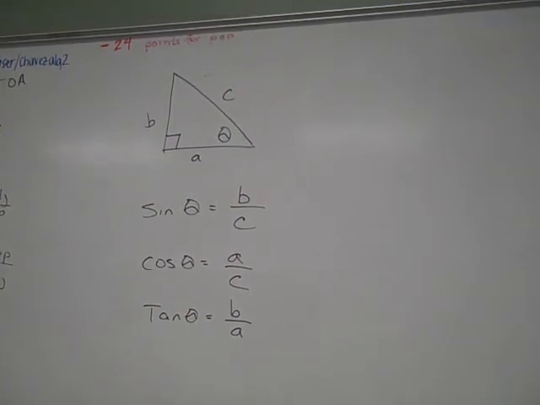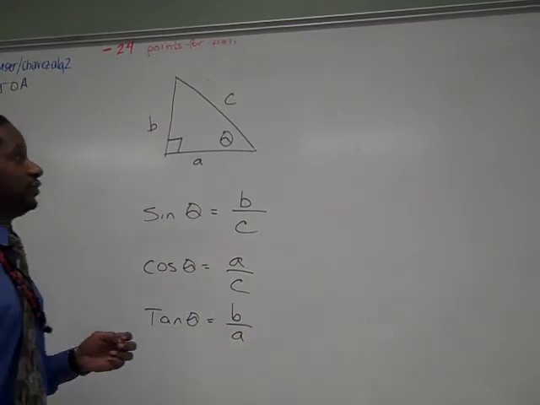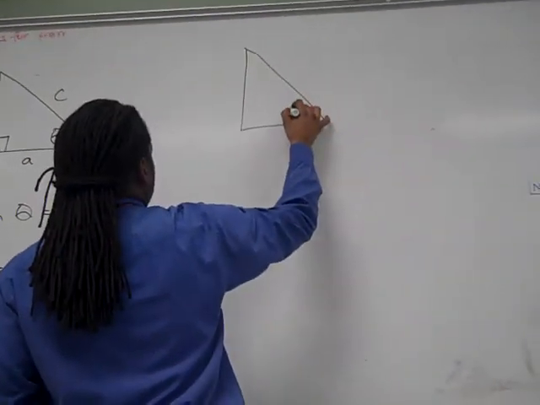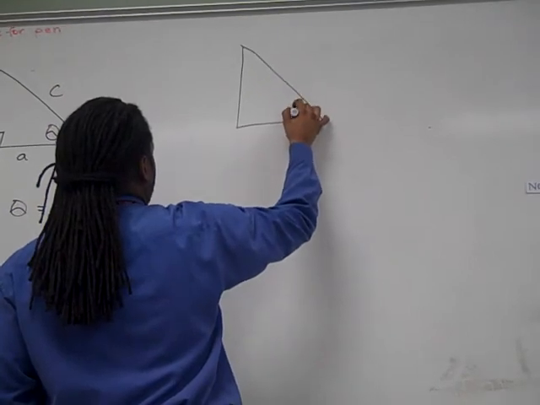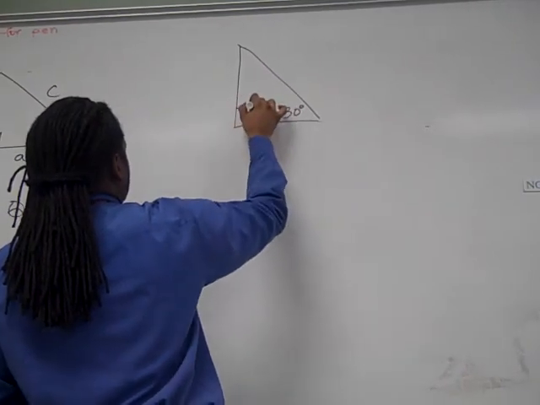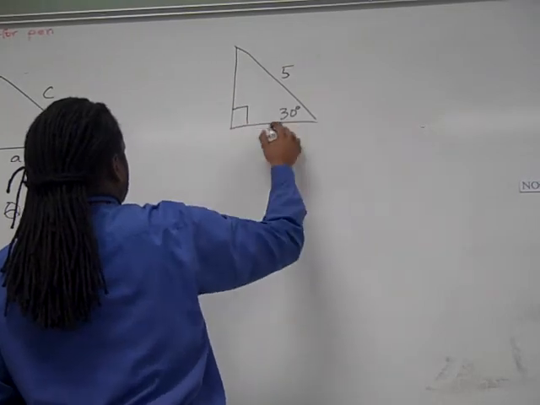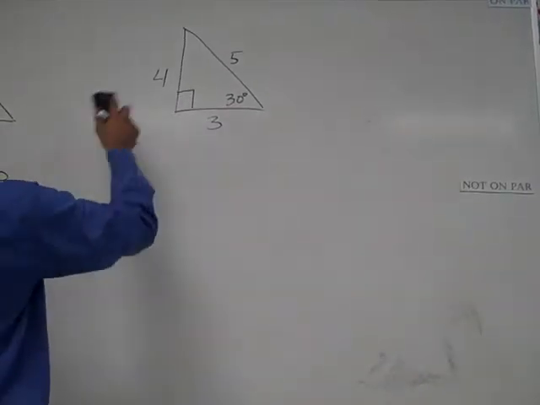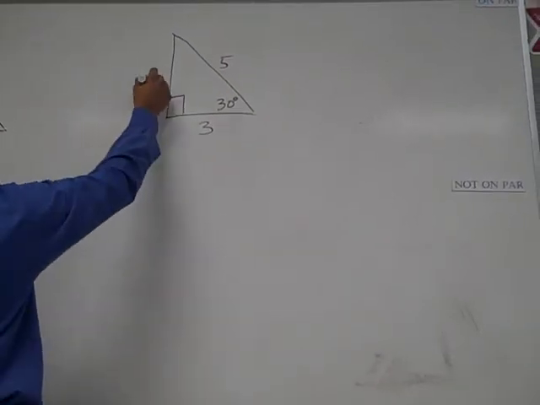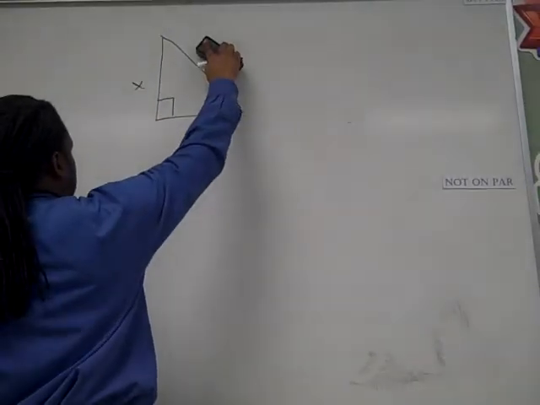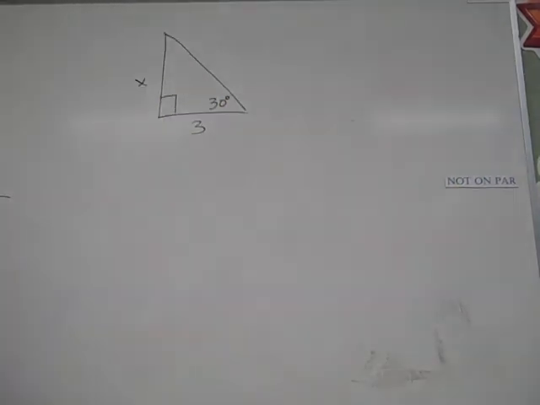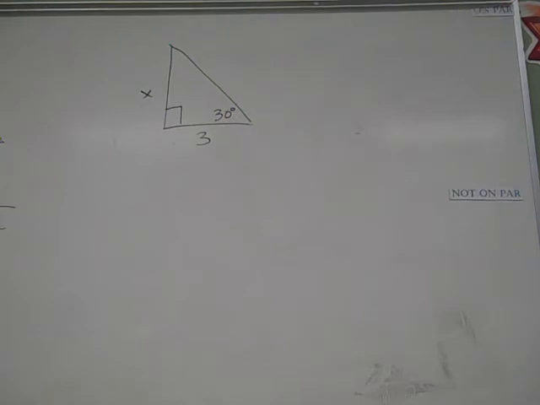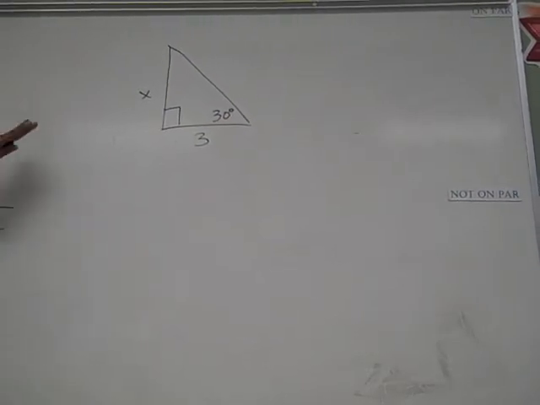Okay, good. Now I'm going to put numbers in this, and I'm going to see if you can do that. Let's say 30. Okay, let's look at this. All right, so what function can I use to find the x?